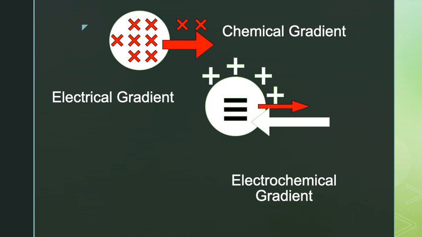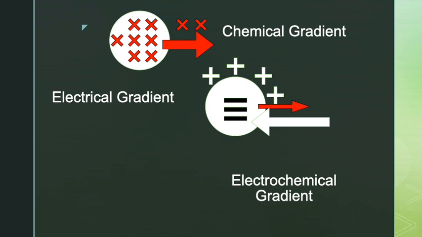Most of the large negatively charged particles inside of a cell are actually unable to leave that cell. And most of the ions surrounding your cell are positively charged ions. So there's going to be a small electrical driving force for that negatively charged particle to push outside of the cell, and a larger positive force pushing into that cell, based on trying to make each side of that membrane equal with positive and negative charges.